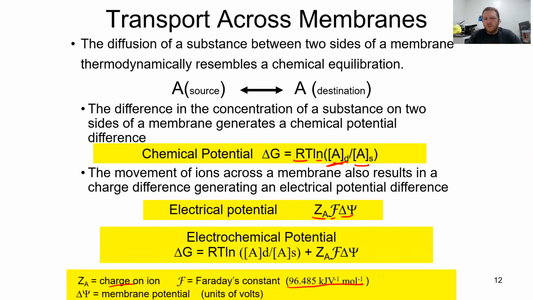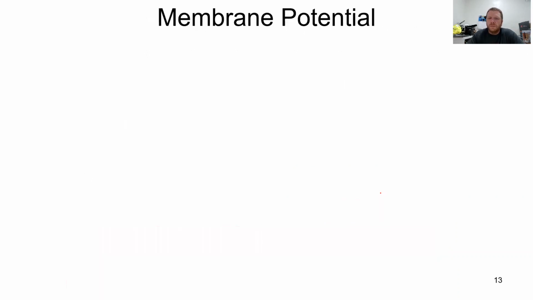So those two things are combined together to basically come up with, well, what's the free energy change of a substance moving across a membrane? We come up with this electrochemical potential. We're relating the chemical potential as well as the electrical potential of that substance.